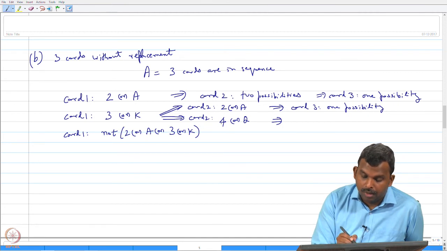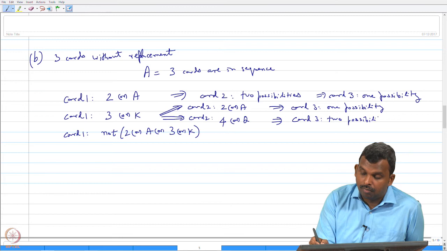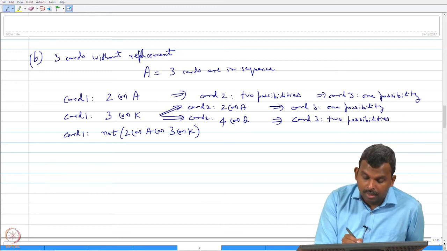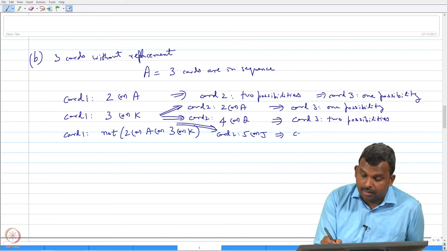And then you will have card 3 having 2 possibilities. In fact, there is one more possibility here, card 2 can be 5 or jack, in which case also card 3 has just one possibility.